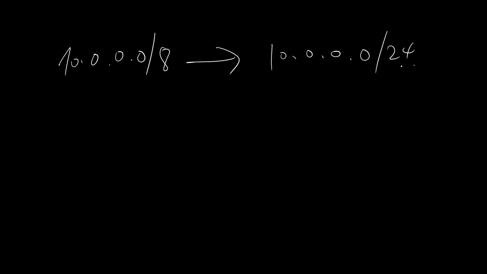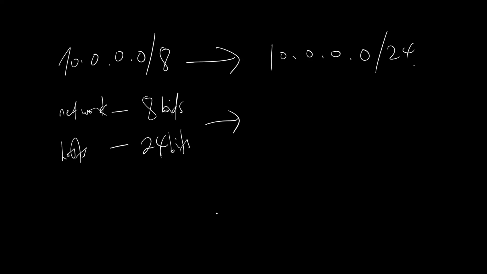If we are moving, it means initially our network has 8 bits, and for the host addresses we have 24 initially.